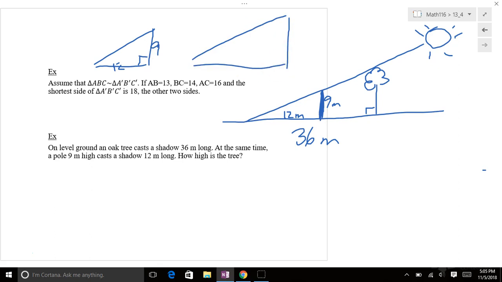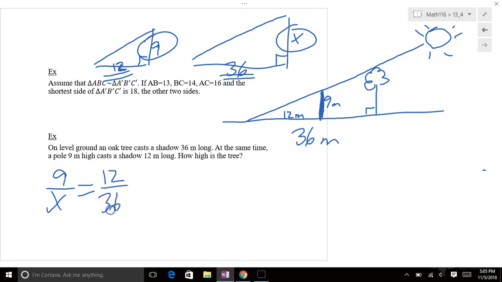You've got the oak tree. We don't know. We're trying to figure out how high the tree is. So let's call it X. It's casting a 36 meter shadow. Well, these are both right triangles, so these are similar triangles. So I'm going to go 9 is to X as 12 is to 36.